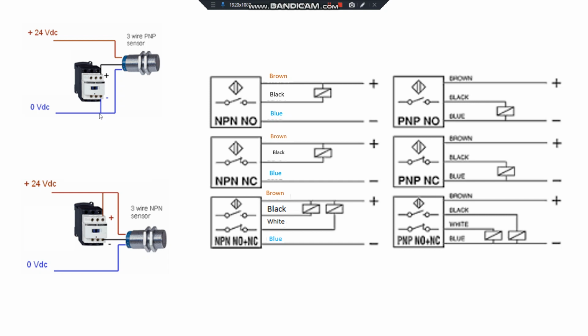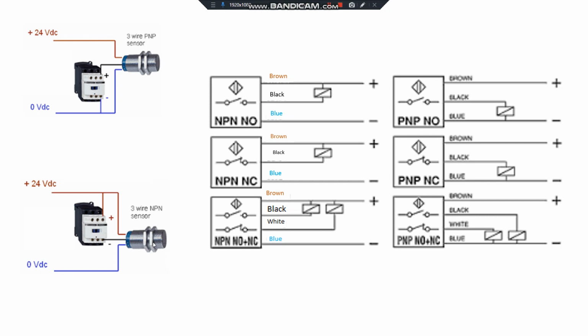We connect the blue cable, 0 volt DC, directly and stably to the A2 point, and the black cable is connected to the A1 point. So when this sensor is activated, it will send 24 via the black cable to the contactor, and the contactor will be activated.